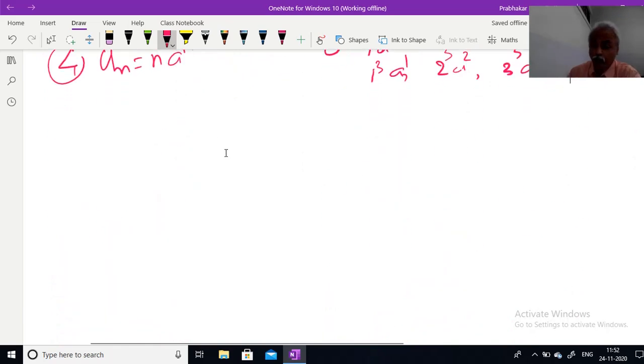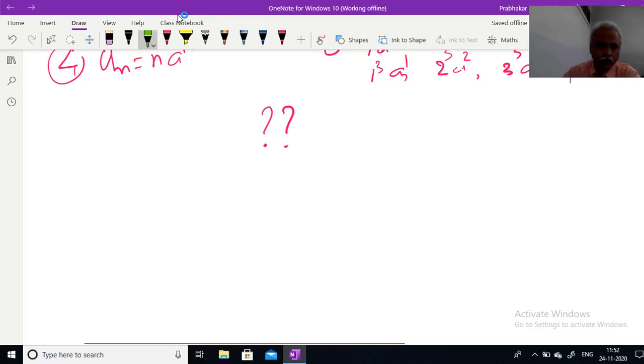So now, the question is: all these n functions, we have to convert in terms of z functions.